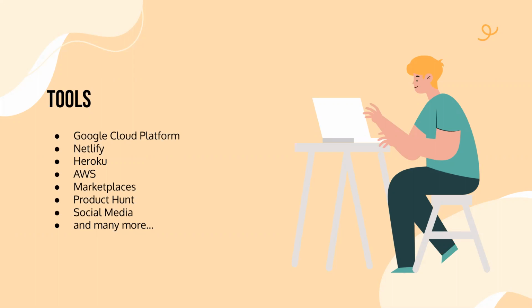I think Zoom was launched on Product Hunt, Slack was launched on Product Hunt, and Notion was launched on Product Hunt. So all of these great tools were launched on Product Hunt, and these are the only ones that I know about.